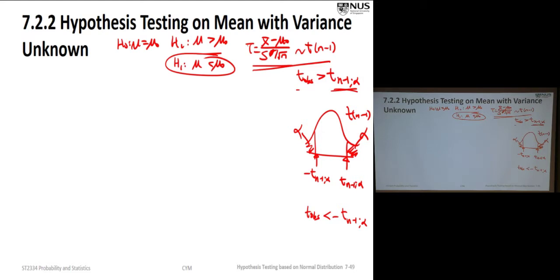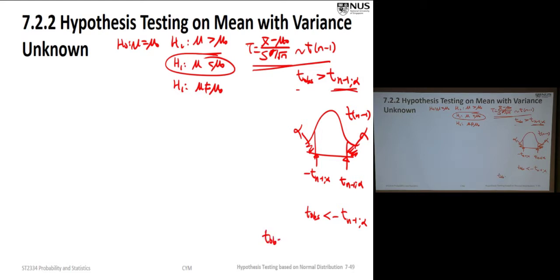Okay. So now, how about the alternative, mu does not equal mu naught? Now this alternative is equivalent to the previous 2. Either mu may be less than mu naught, or mu may be bigger than mu naught. That's why we say it does not equal mu naught. So the rule will be like this.